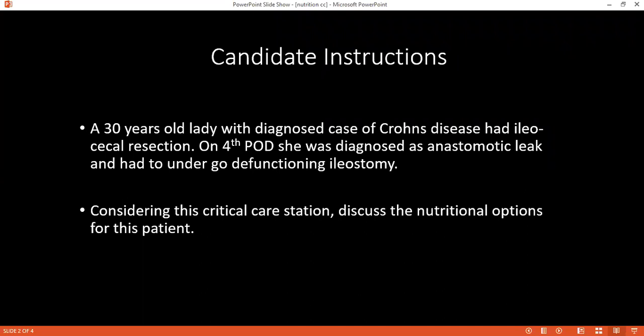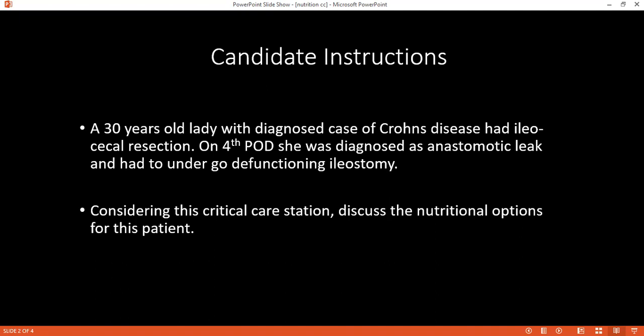Yes, in short gut syndrome patients we also give TPN. Can you comment on what is enteral nutrition? Enteral nutrition includes oral nutrition, nasoduodenal, nasojejunal, percutaneous PEG, and jejunostomy.